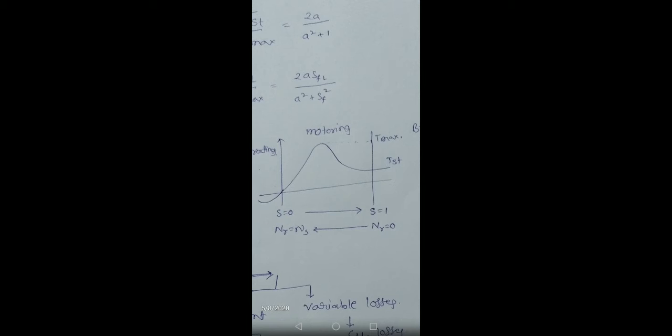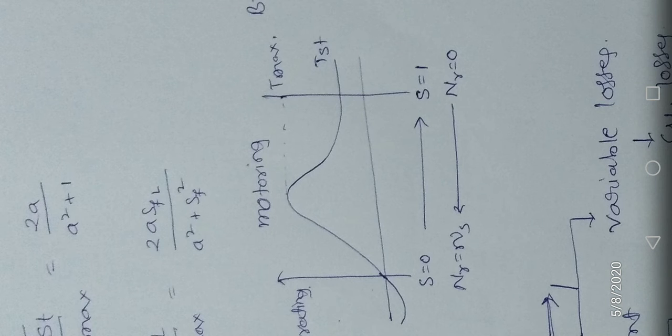When torque slip characteristics are non-linear, that is a rectangular hyperbola, at higher slips, the characteristics are rectangular hyperbola. So the machine is said to be operating under unstable region.